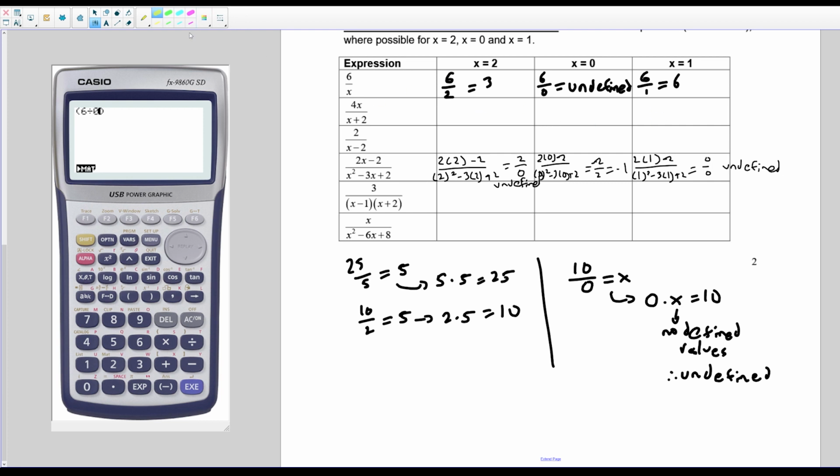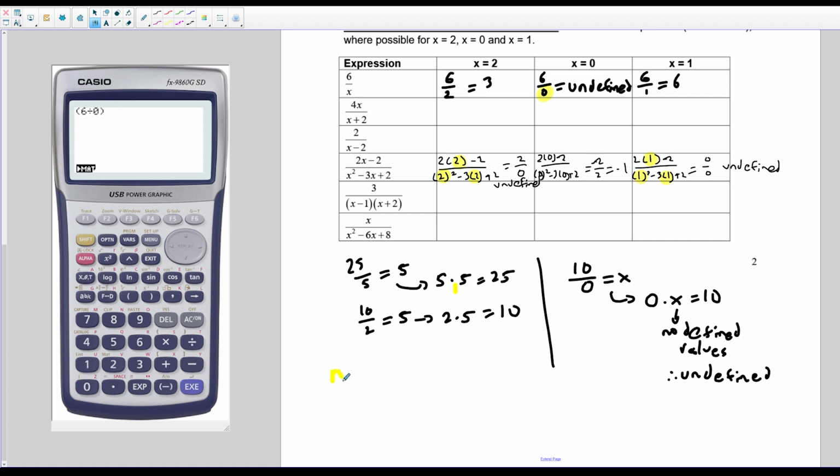So something we're going to touch on in just a little bit is, what do we call these numbers that when we put them into our denominators, what do we call them? So basically in each one of these cases, when we have x is equal to 0 for this expression, when x is equal to 2 for this expression, and when x is equal to 1 for this expression, these undefined values we call non-permissible values.